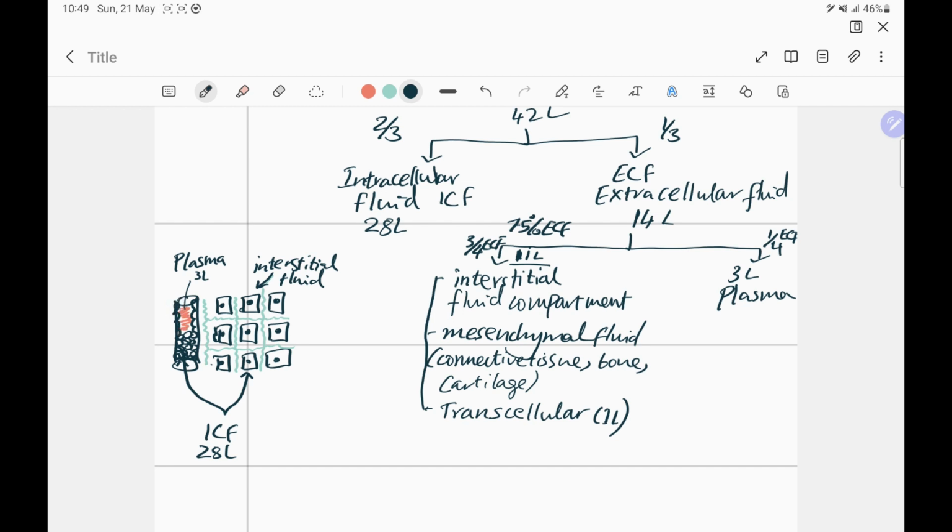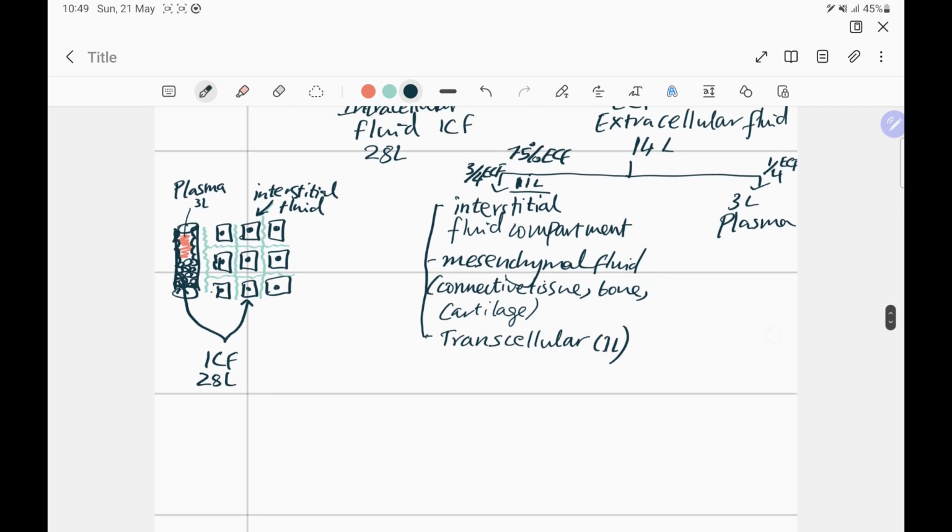So most of the constituents of plasma and interstitial fluid can easily exchange, with the exception of plasma proteins, which are very large proteins that just don't make it across the membrane so easily. So that's why sometimes people might say ECF for that internal environment which we were speaking about.